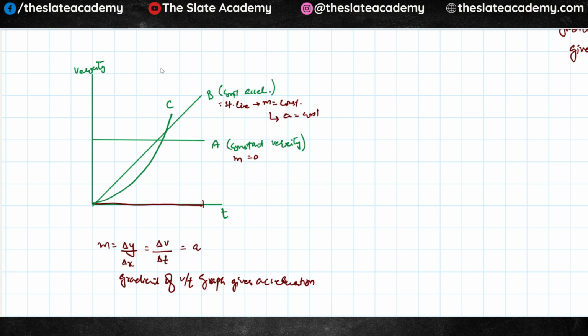So we would say since this is a curve with decreasing gradient, therefore m is decreasing, which means a is decreasing.